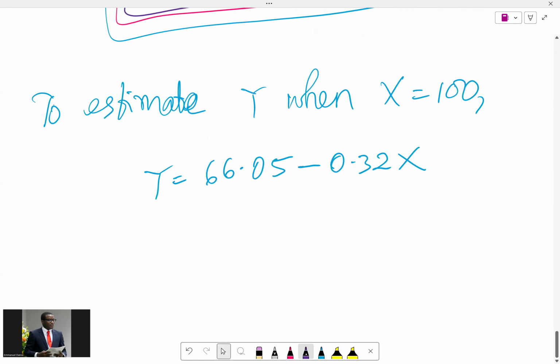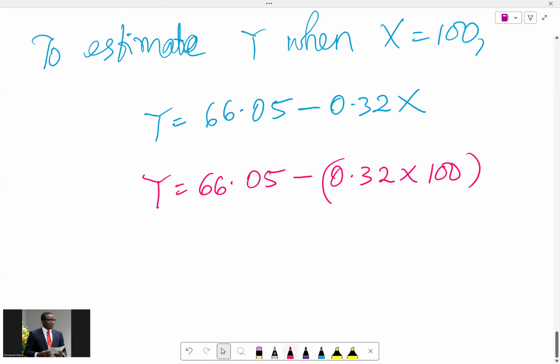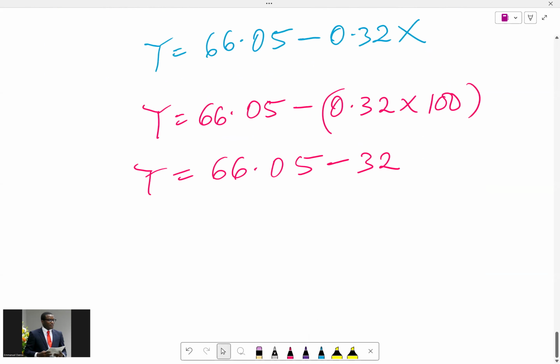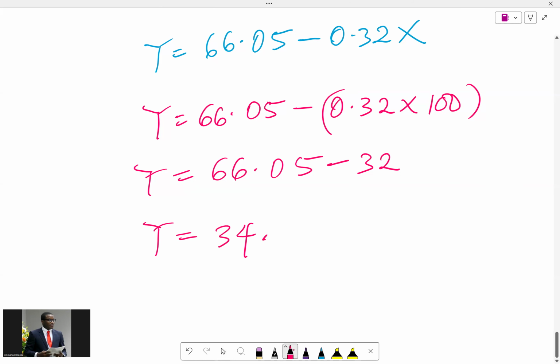So now you have y equals 66.05 minus 0.32 times 100. That means y is equal to 66.05 minus 32. 0.32 times 100 is 32. So you now have 66.05 minus 32, and that is y equals 34.05.